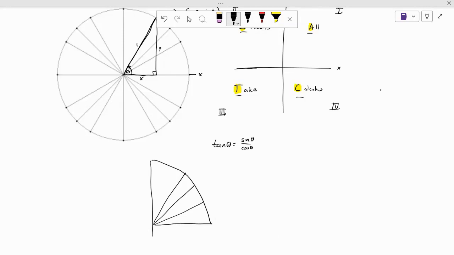But here's a way that somebody taught me one time. If you list the angles in ascending order, pi over 6, pi over 4, pi over 3, and finally pi over 2.